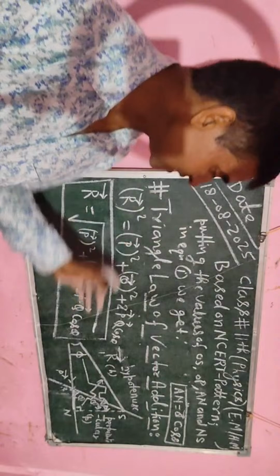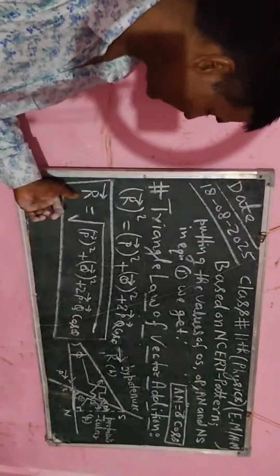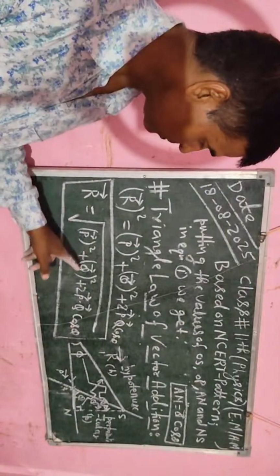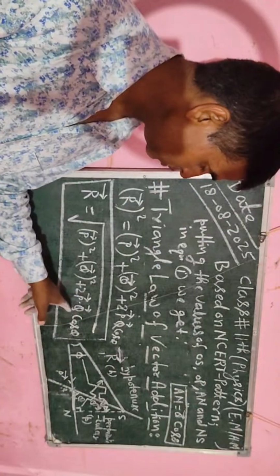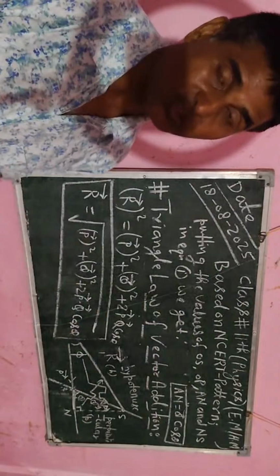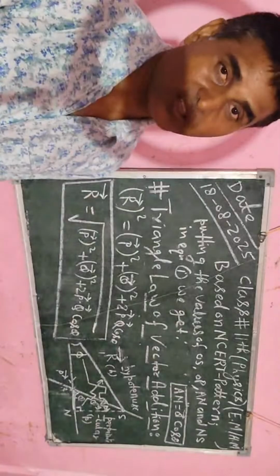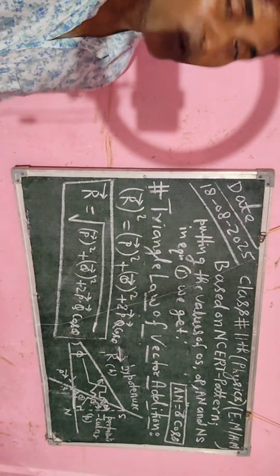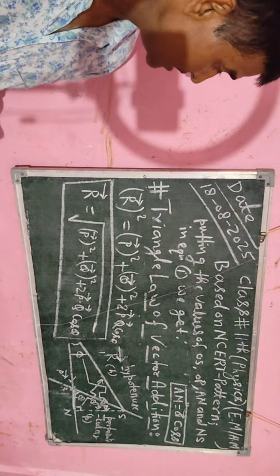In the analytical method I have used the right angle triangle, and with its help I have got the resultant vector, which is written as the square root of vector p whole square plus vector q whole square plus 2 into vector p into vector q into cos theta. Okay, this is the required concept for getting the resultant vector when the theta value is given. Between p and q, because two vectors are intersecting, one angle will be given. So I will use this formula for getting the addition of two vectors.